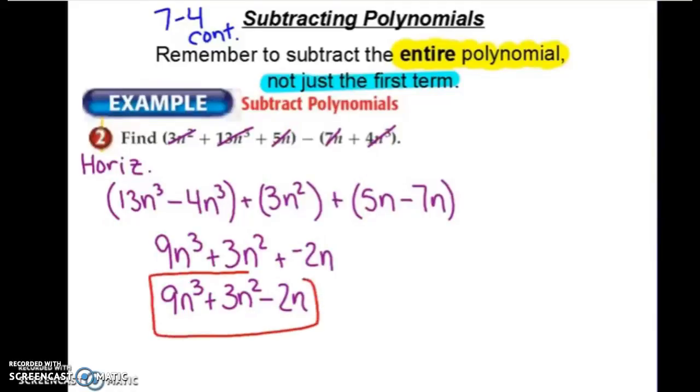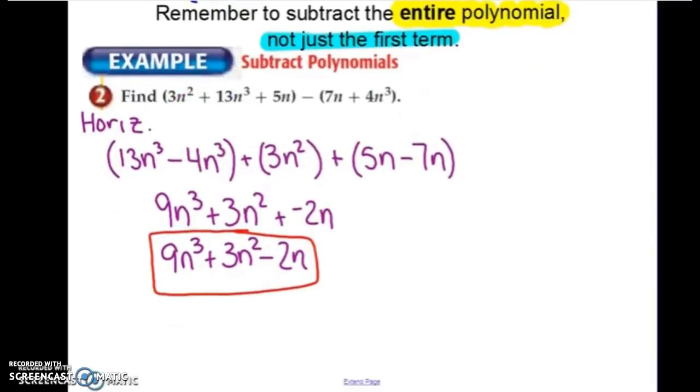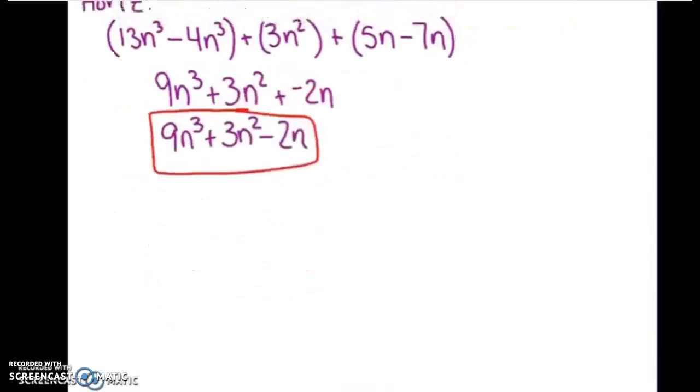I'm also going to show you how to go about this problem using the vertical method. Remember that when we do the vertical method, we line our terms up and down in columns, keeping our like terms aligned.